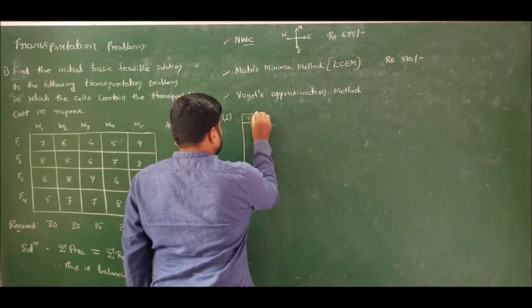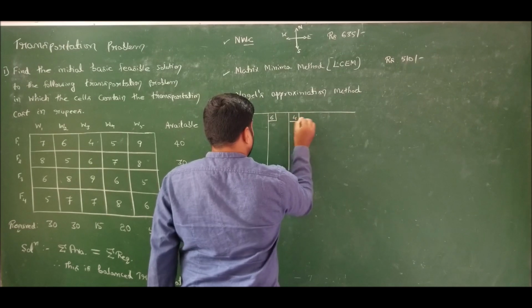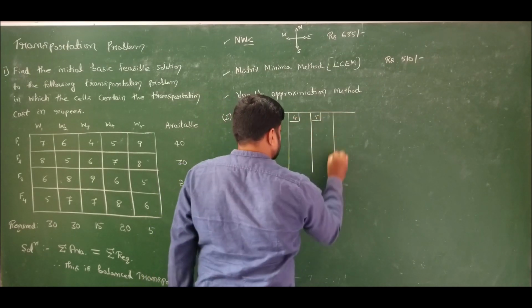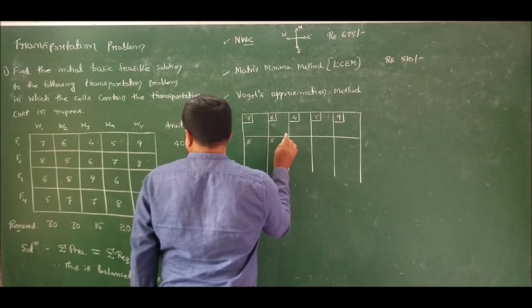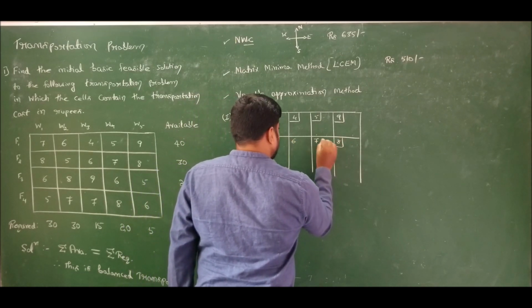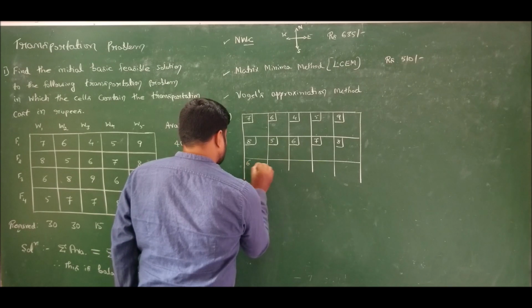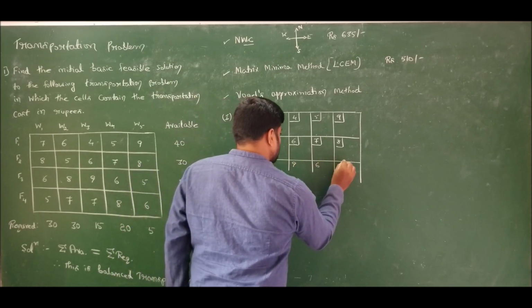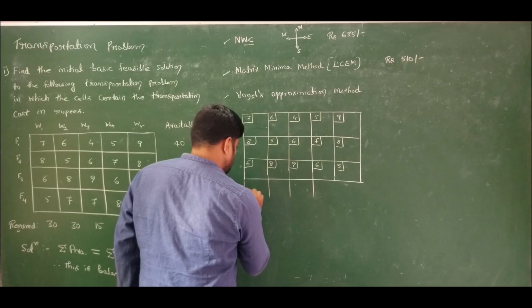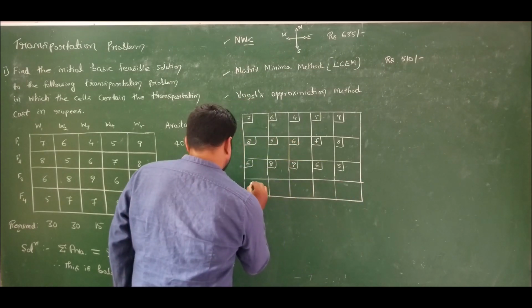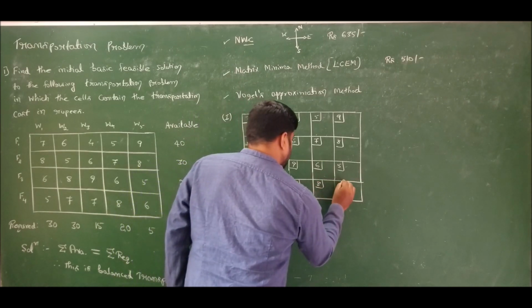I will write the unit costs as they are: 7, 6, 4, 5, 9; then 8, 5, 6, 7, 8; then 6, 8, 9, 6, 5; and finally 5, 7, 7, 8 and 6.